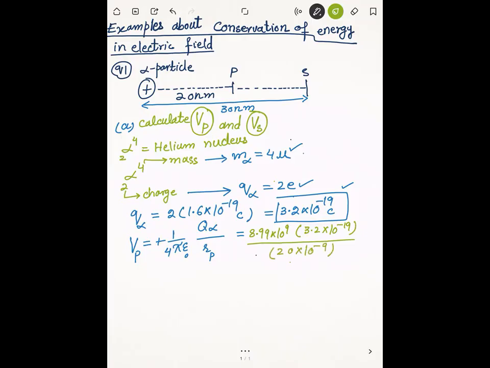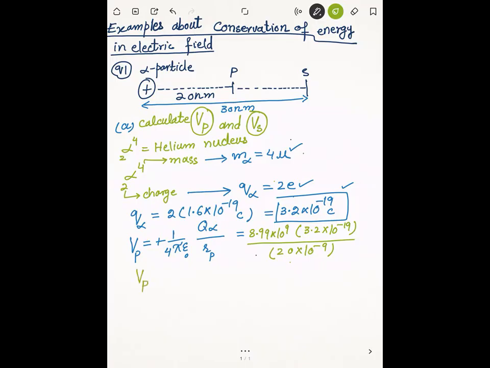Let me use the calculator for this. 8.99 into 10 power 9 multiplied with 3.2 into 10 power minus 19, divided by 20 into 10 power minus 9, and the answer is 0.143 volts.